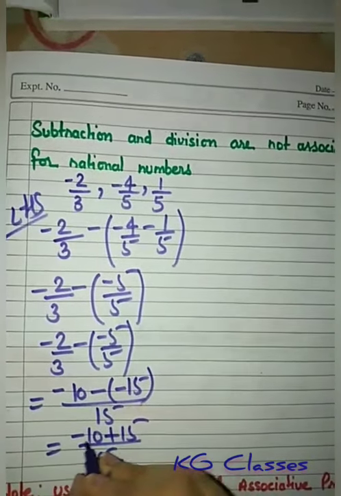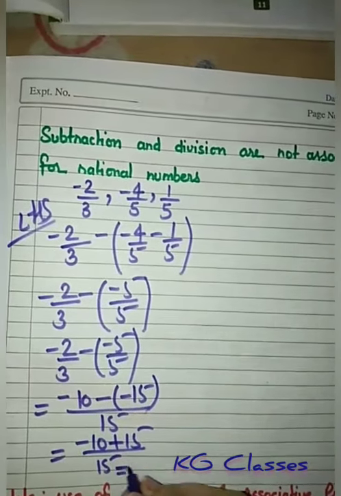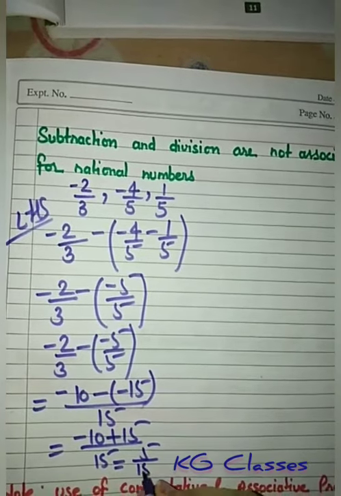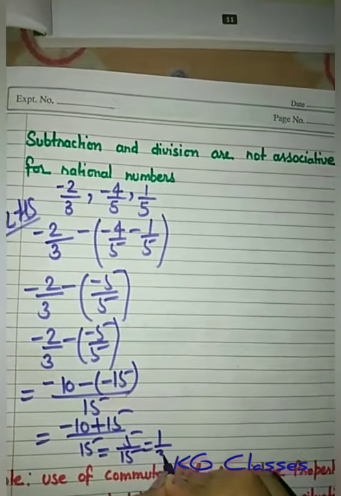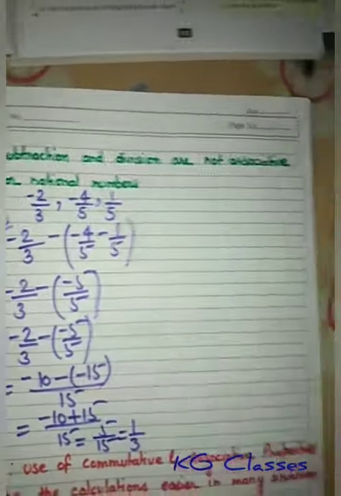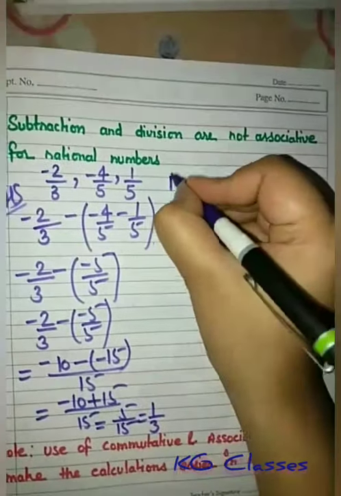What will we get? Here 15 minus 10 means 5 by 15 means 1 by 3. Clear? So the right hand side is here.